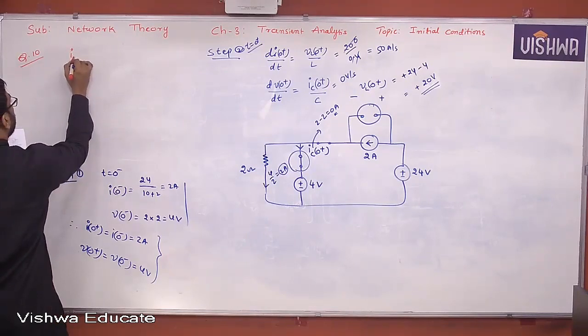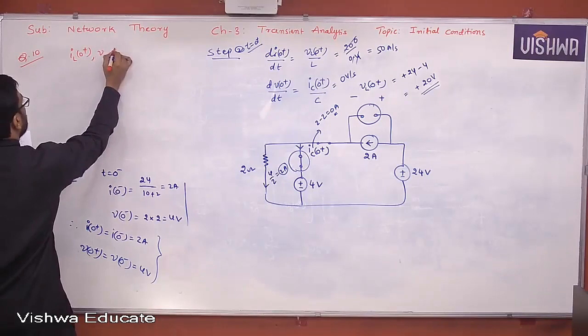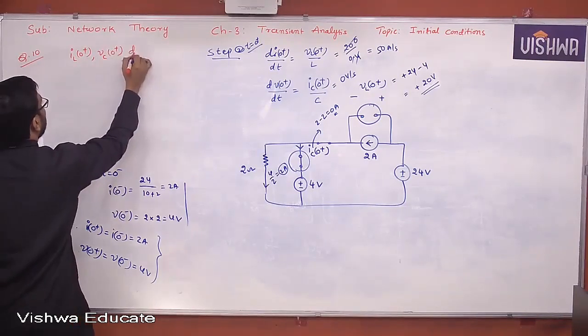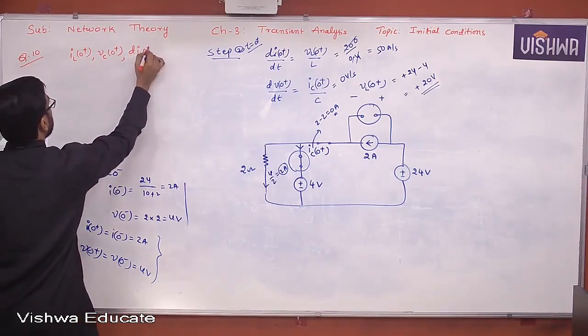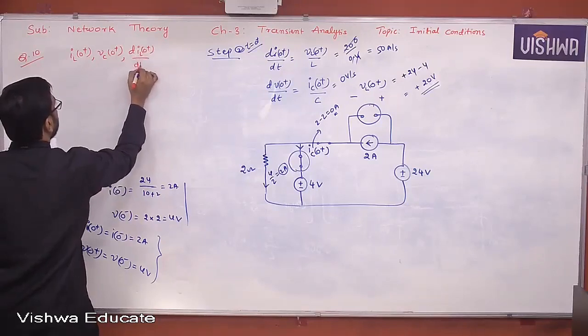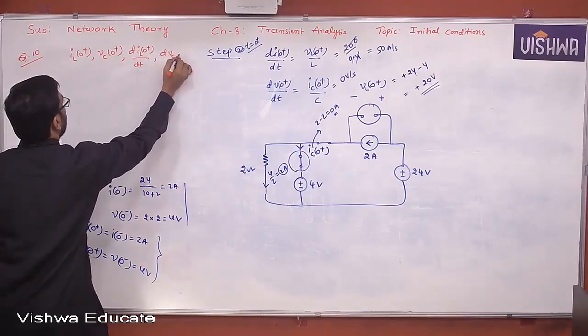Find IL of 0 plus, VC of 0 plus, d IL of 0 plus by dt, d VC of 0 plus by dt.